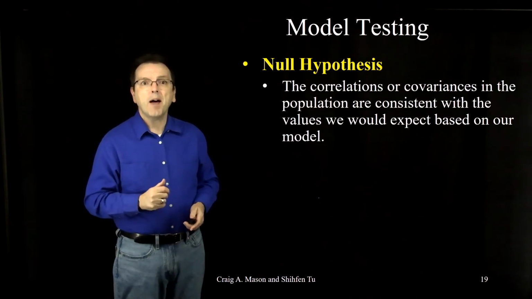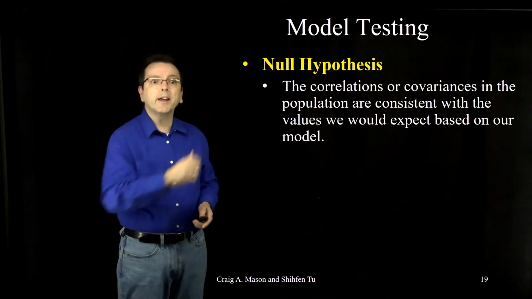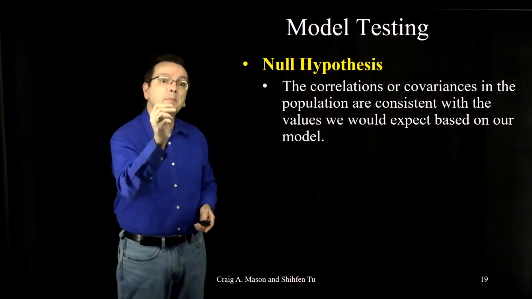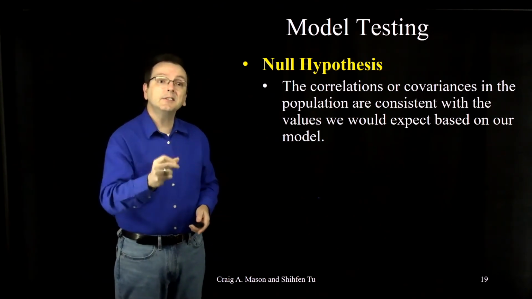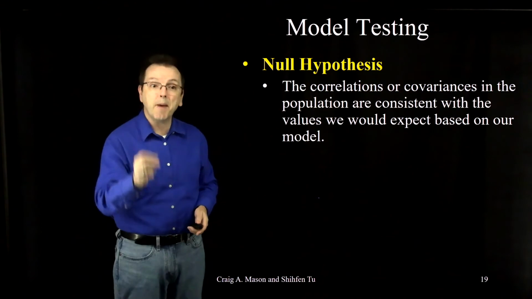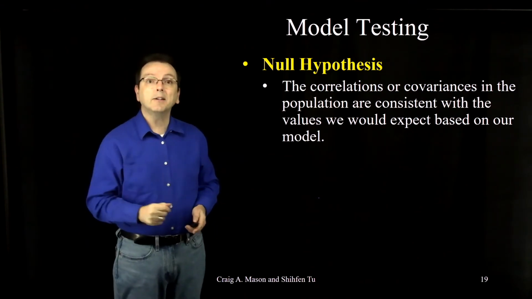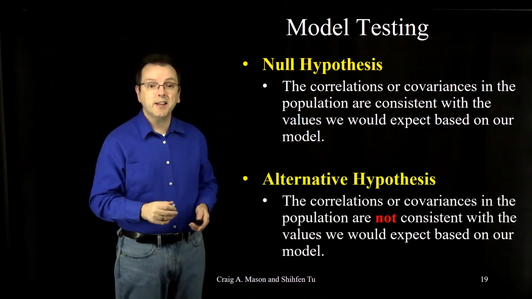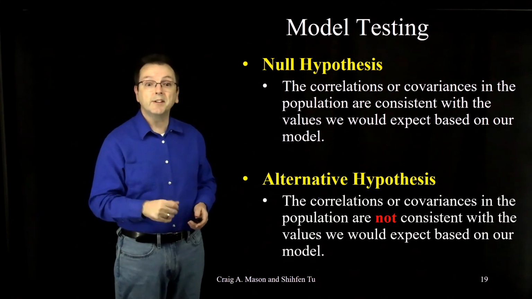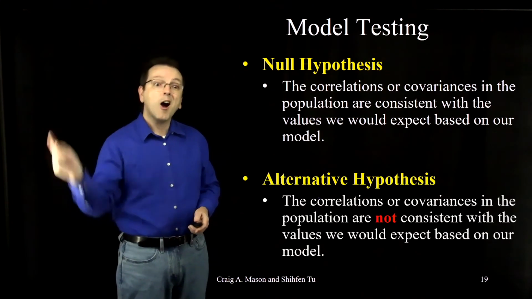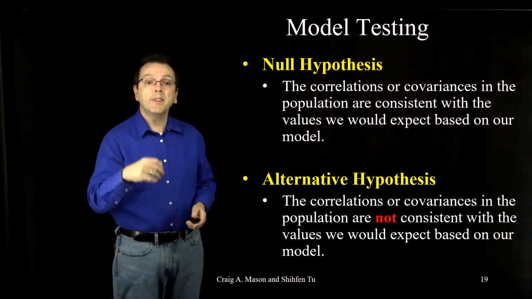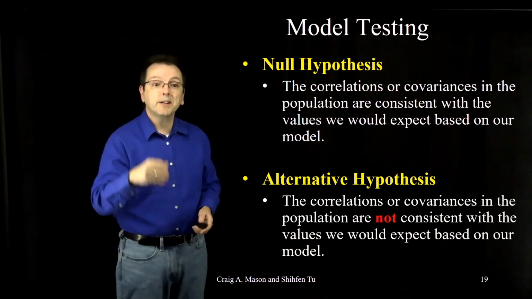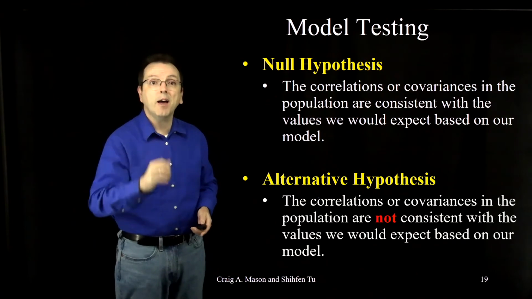So our null hypothesis is that the correlations or covariances in the population are consistent with the values we expect based on our model. And the alternative hypothesis is that the correlations or covariances in the population are not consistent with the values that we expect to see based on our model.